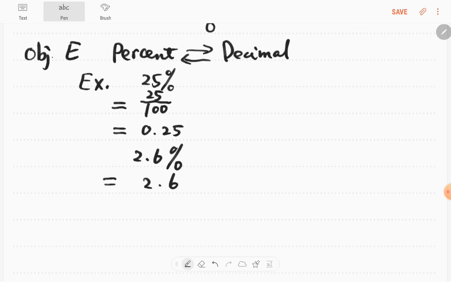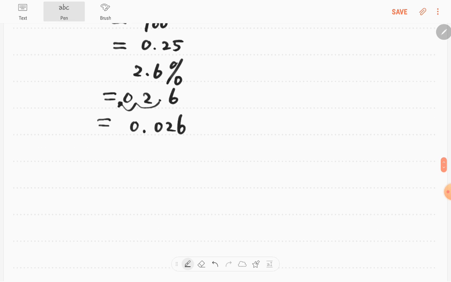We only need to move it twice. So your final position will be here. So our answer will be 0.026. Okay. Let's check another one.